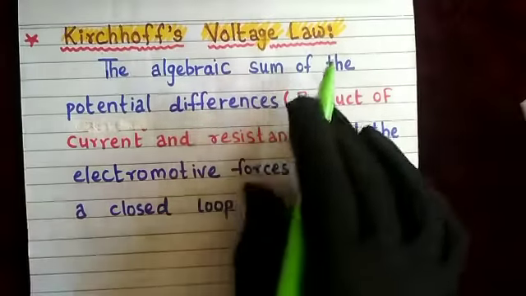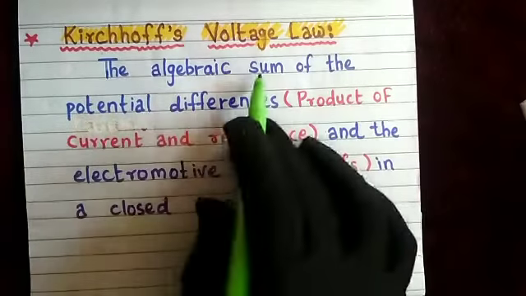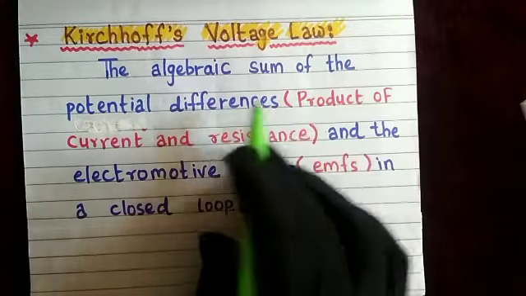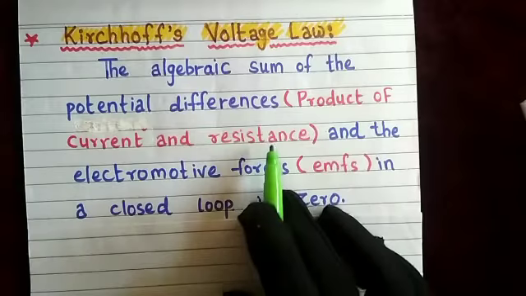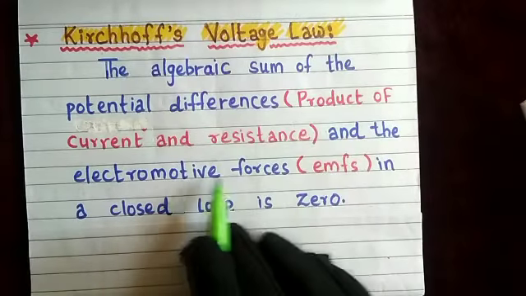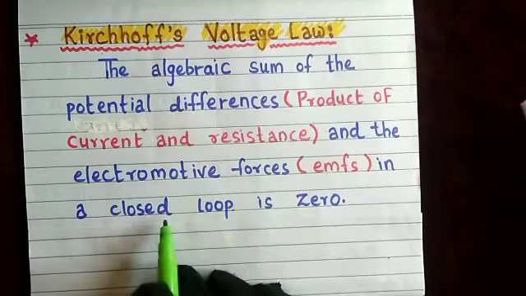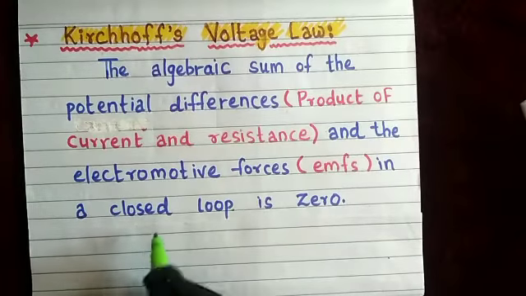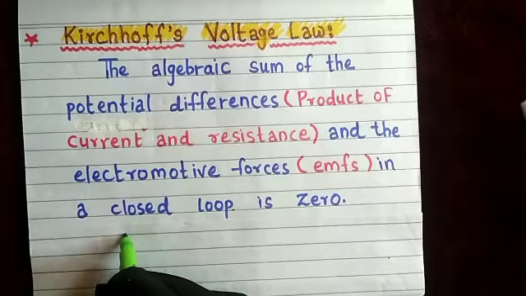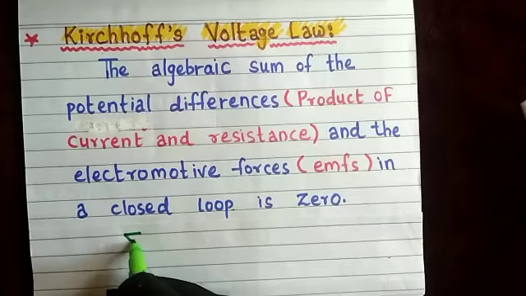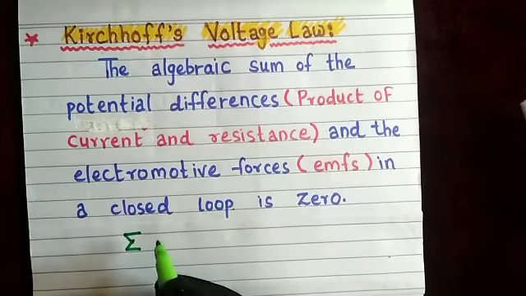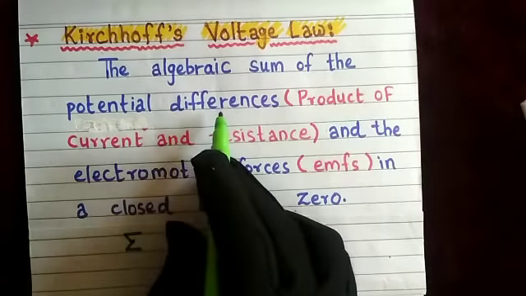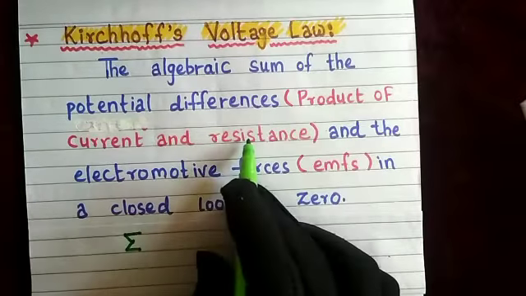Kirchhoff's voltage law states that the algebraic sum of the potential differences, that is the product of current and resistance, and the electromotive forces, that is EMFs, in a closed loop is zero. Mathematically we can write this statement: summation of potential differences, that is the product of current and resistance.